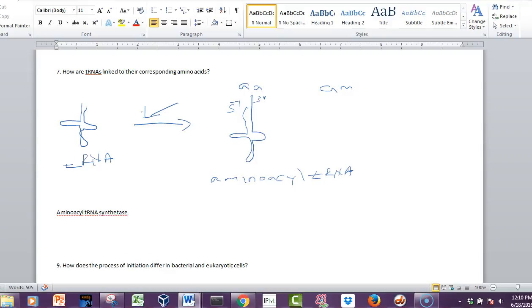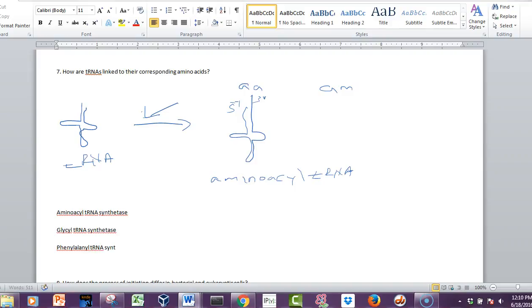You can have specific ones. So if you want to make a glycine tRNA, you would have a glycyl tRNA synthetase. If you're going to make phenylalanine, you would have phenylalanyl tRNA synthetase.